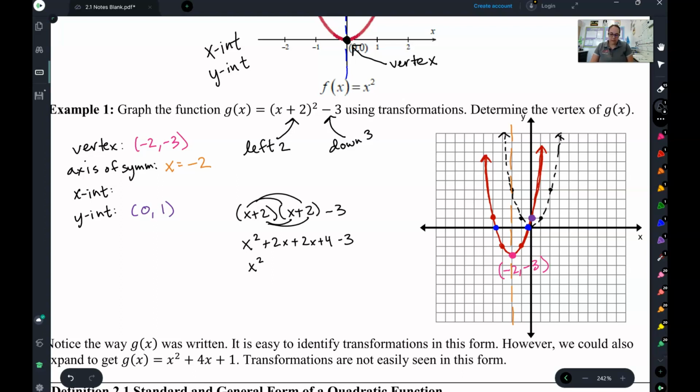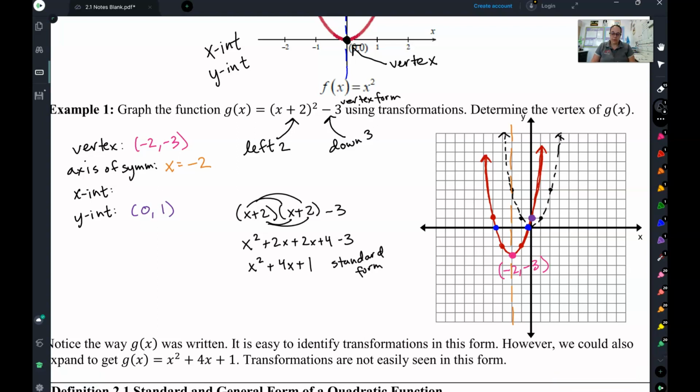And then I can combine like terms, and I get that. So this is the exact same equation as this, except this is all multiplied out. So this is my standard form when it's all multiplied, and this is my vertex form.